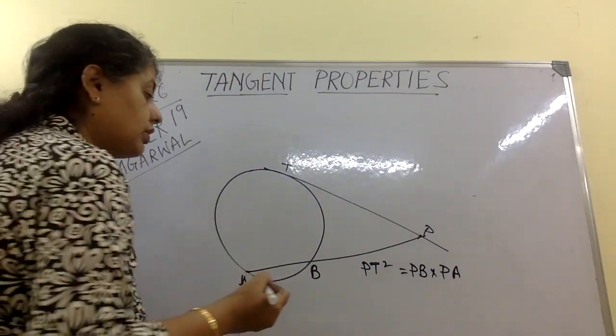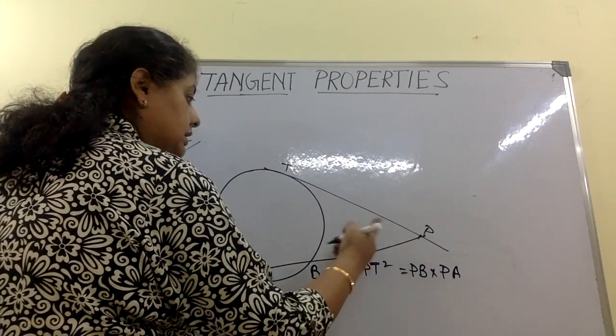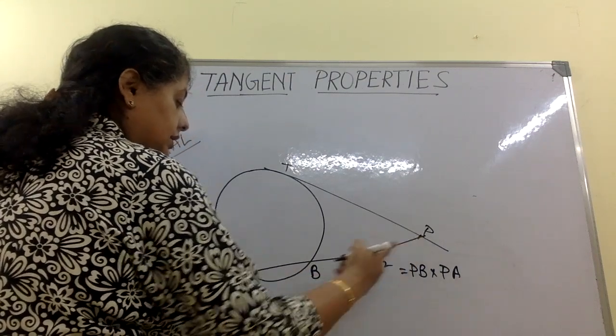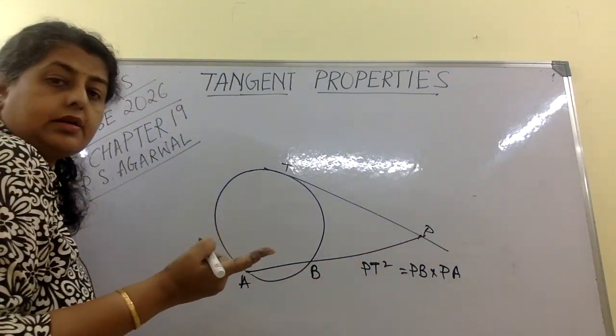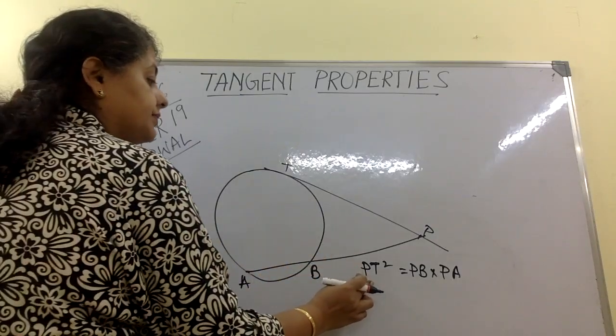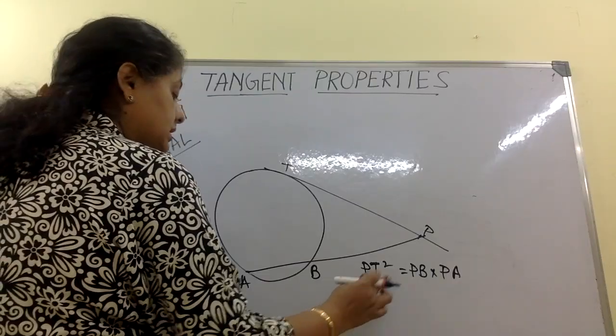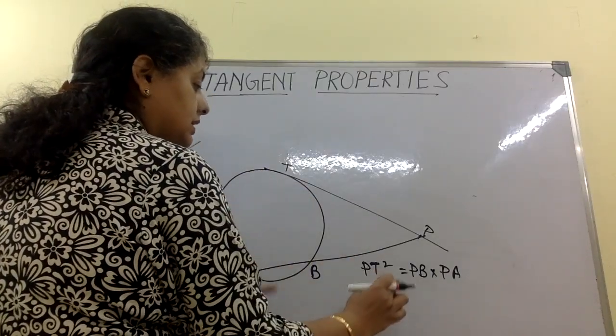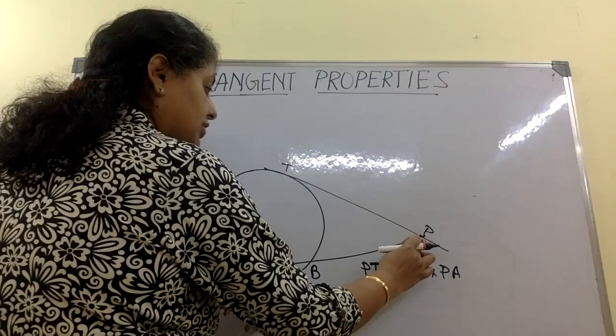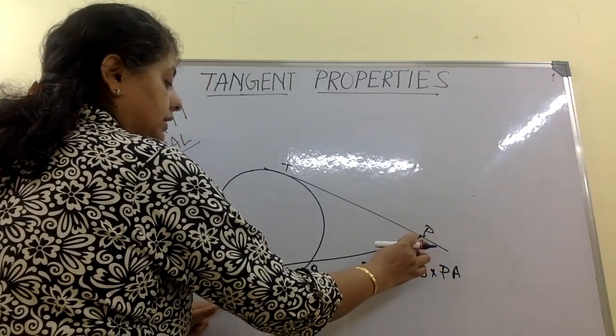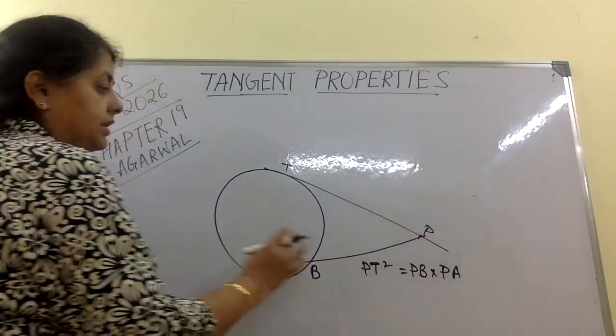So PT square is equal to PB into PA. This is another theorem which says tangent square is equal to PB, take only this much, and then take PA, full length. So PB into PA.